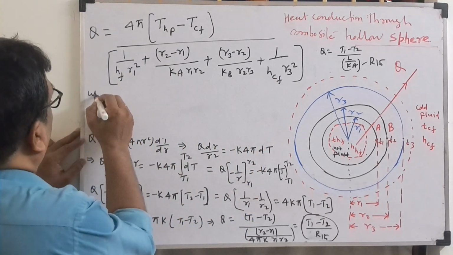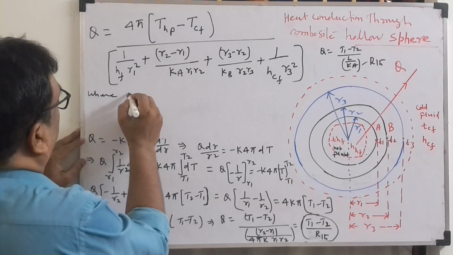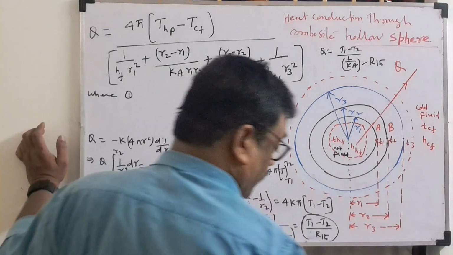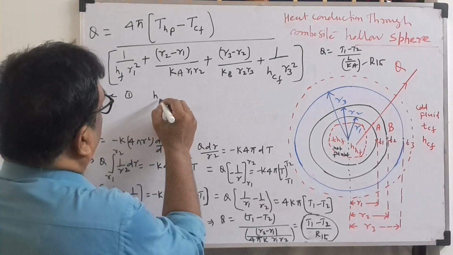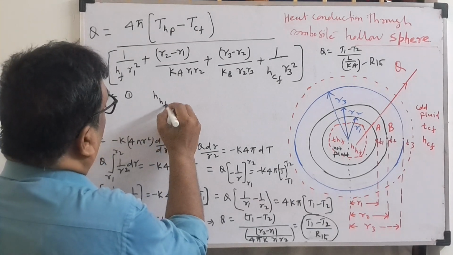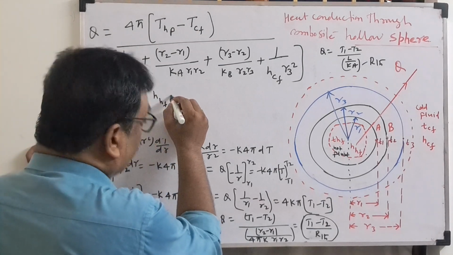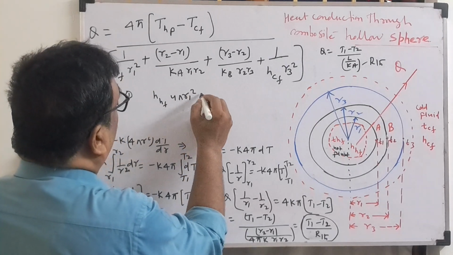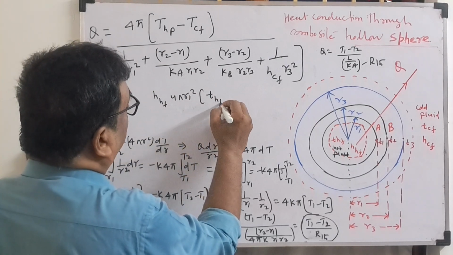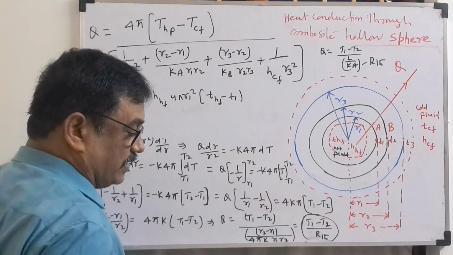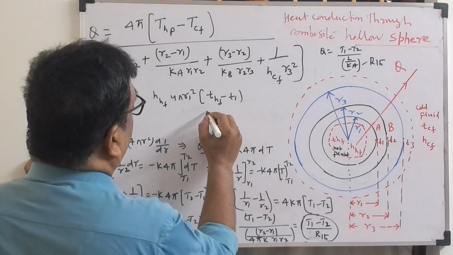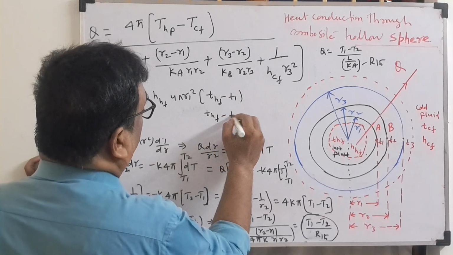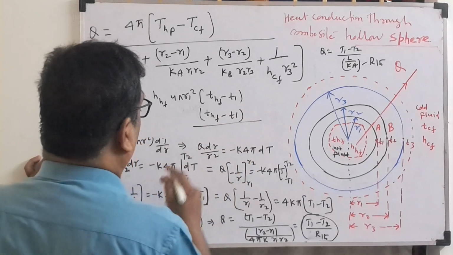Now we'll write the first block, that means the convection part. What can we write here? Write H hot fluid, and 4 pi R1 square, times THF minus T1. If you're writing the thermal resistance, see here, THF minus T1 is the overall temperature difference.